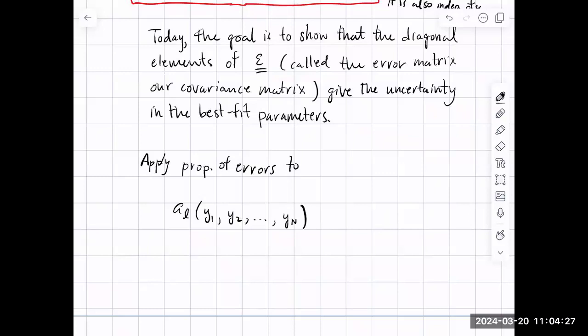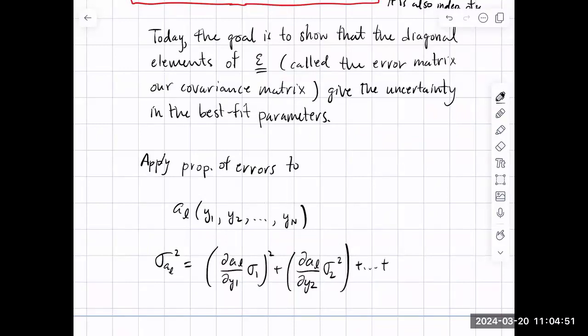Okay, so the uncertainty in the AL parameter squared is going to be given by the derivative of AL with respect to y1 times sigma 1 squared plus the derivative with respect to y2 times sigma 2 squared.